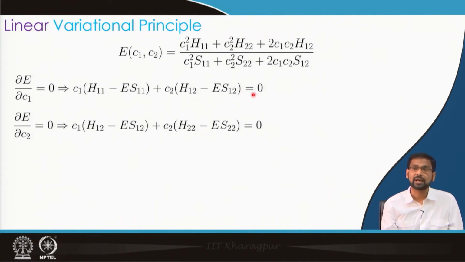You see that I now obtain two linear equations with two independent variables C1 and C2. They appear in both the equations. So, I have got two equations and two unknowns, C1 and C2. Now, I can solve them.